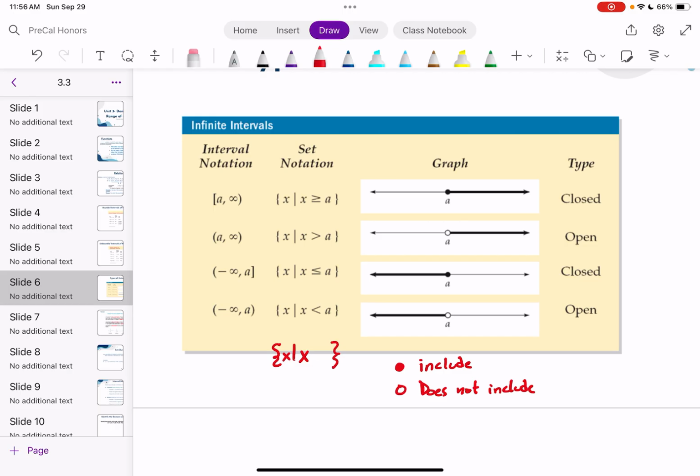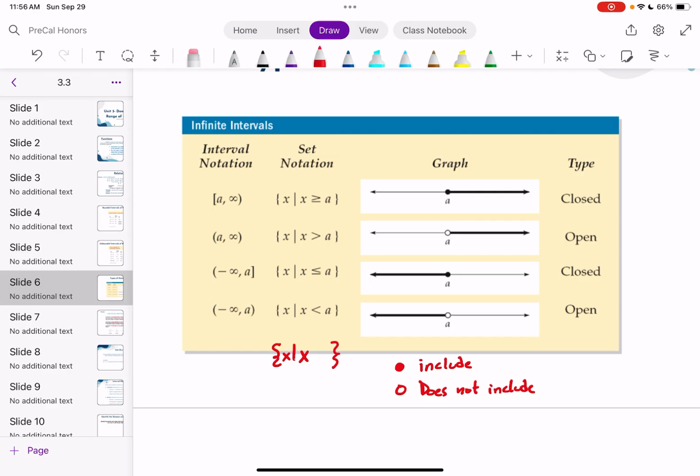In this case, we have parentheses A, comma, to positive infinity. We are not including the A, which is the reason why it is an open circle on our graph. And because we have a parentheses by the A, it would be described as an open parentheses or an open type.